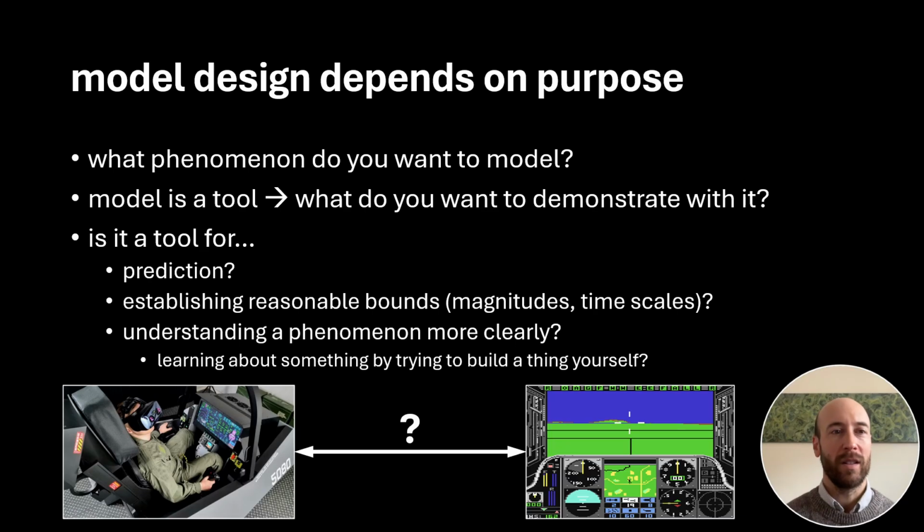So is your tool for prediction? If it's for prediction and you're doing a human environmental coupled system model, again, my bias, I would put a massive caveat on prediction and think about what prediction really means in the case of your particular example.